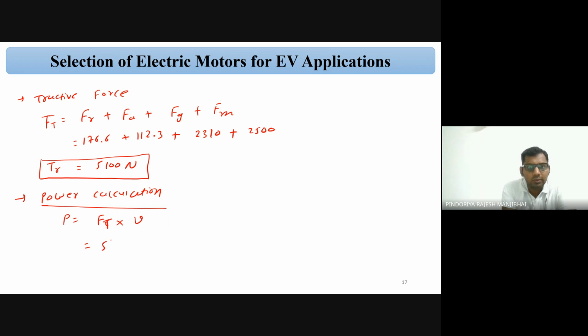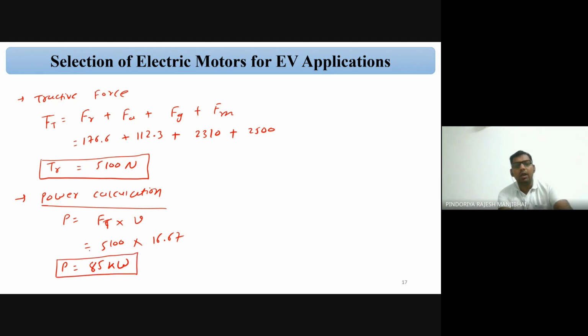So tractive force, that is 5100, into velocity, 60.67. So power is equal to 85 kilowatt. So you can see the electrical power required is 85 kilowatt. Okay.